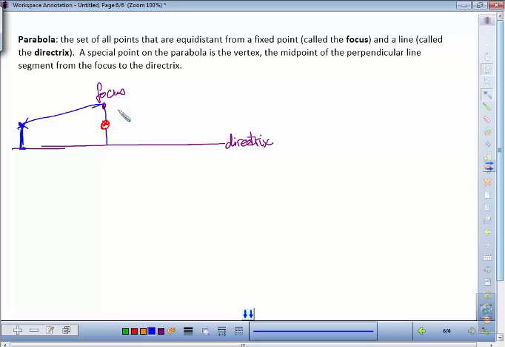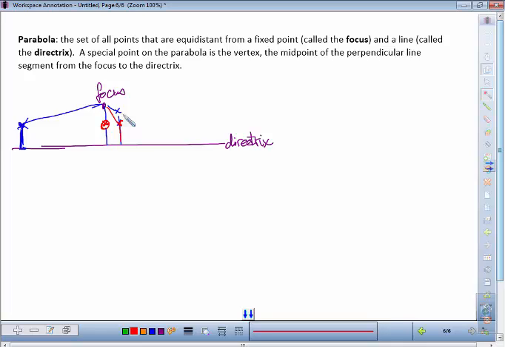So if I pick another point over here randomly, I see that the distance between the point and the directrix doesn't look like it's the same as the point to the focus. So that's not part of my list. But if I move it down a little bit so that they have the same distance, now that could be another point on my parabola.